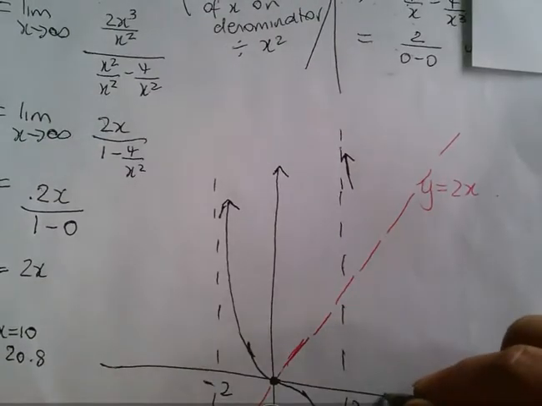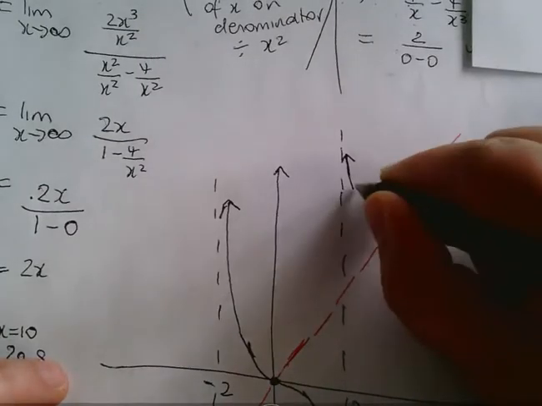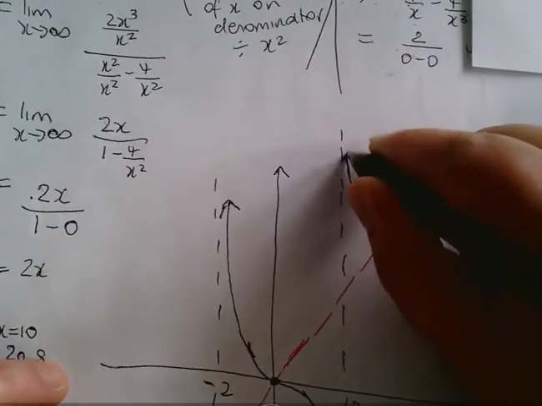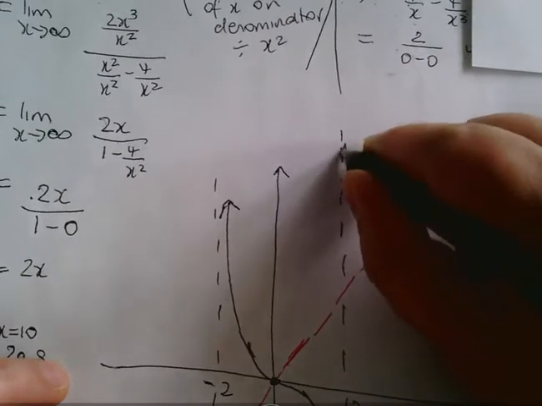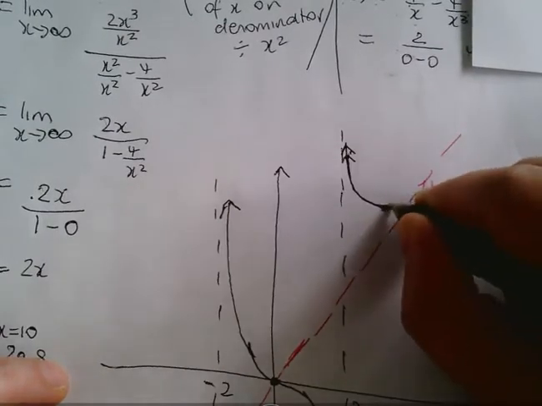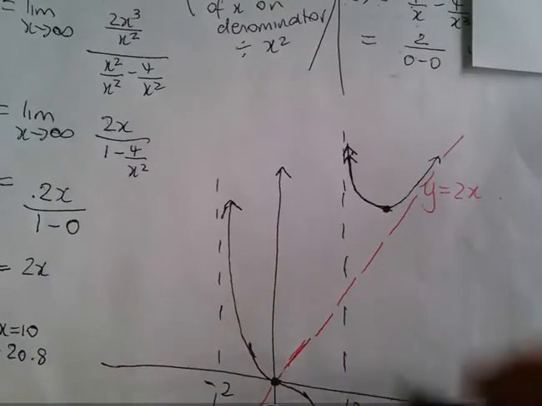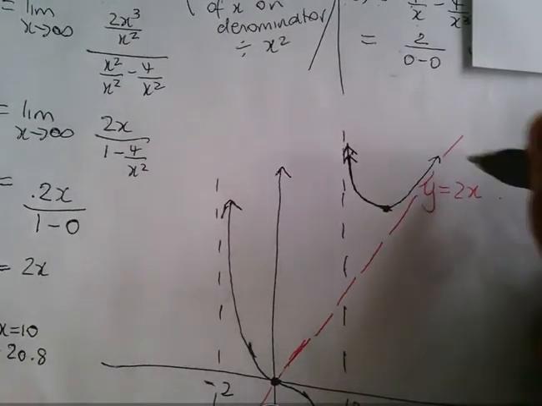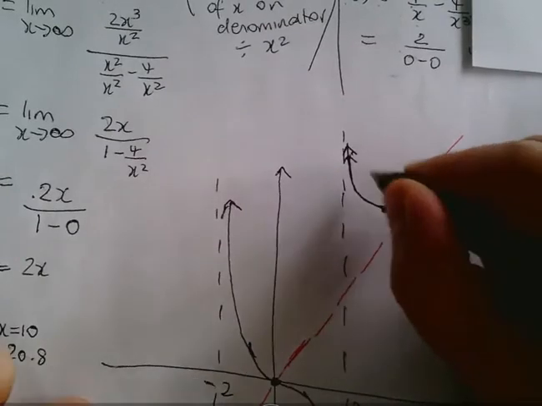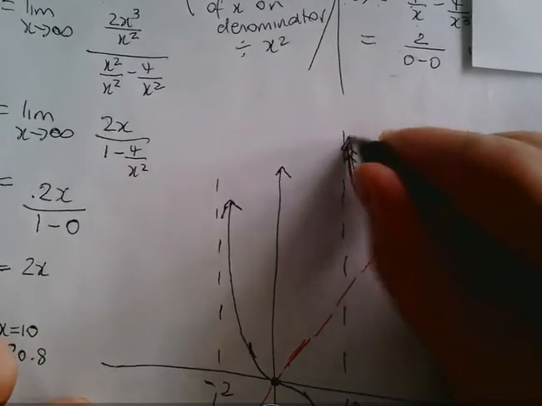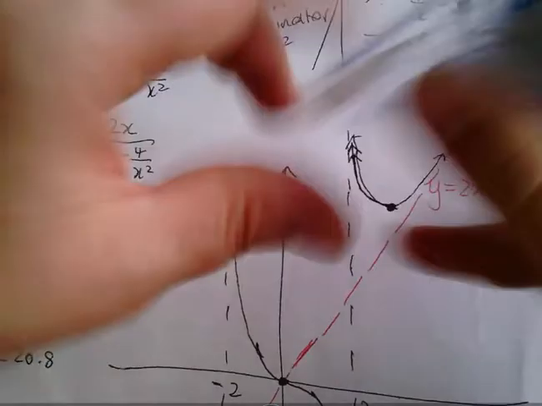I also know that I've got a minimum turning point at 2 root 3, 6 root 3. So 2 root 3 we said was about 3.4. I'm just going to go like this. And then it approaches from above. For example, when x was 10, I got 20.8, which is above the line 2x. So this is what I've got. Not drawn very well.